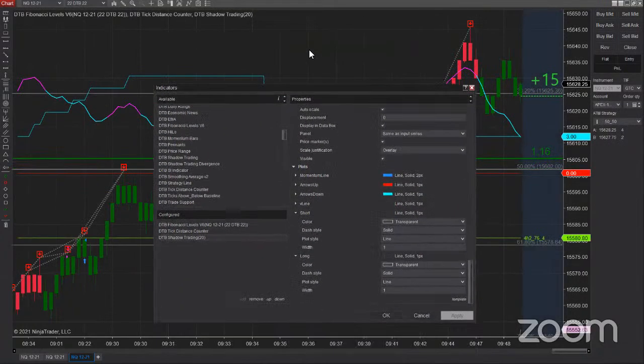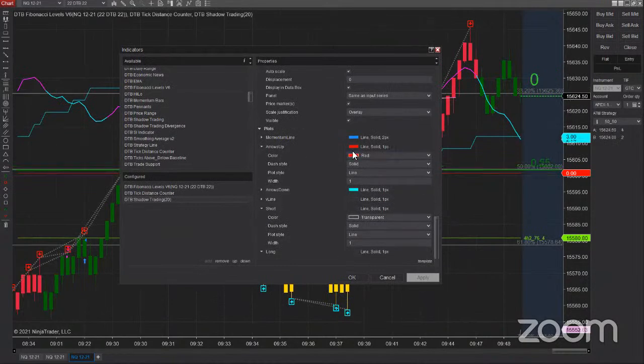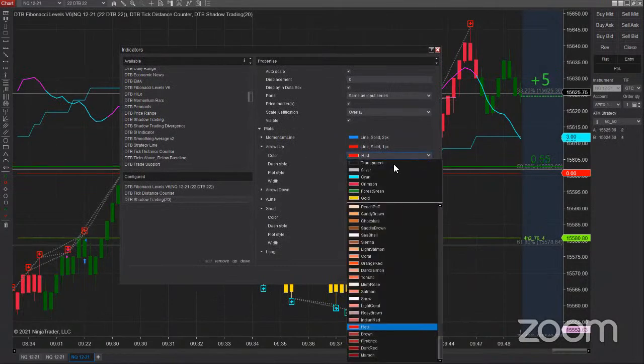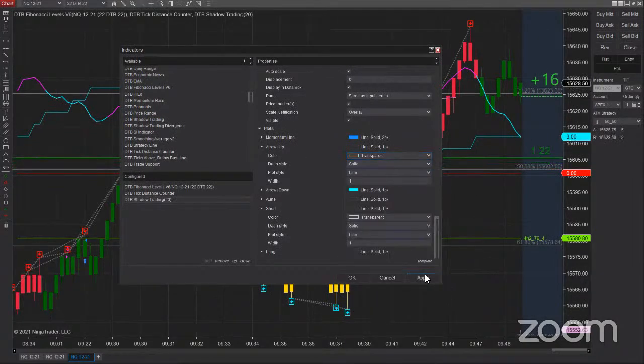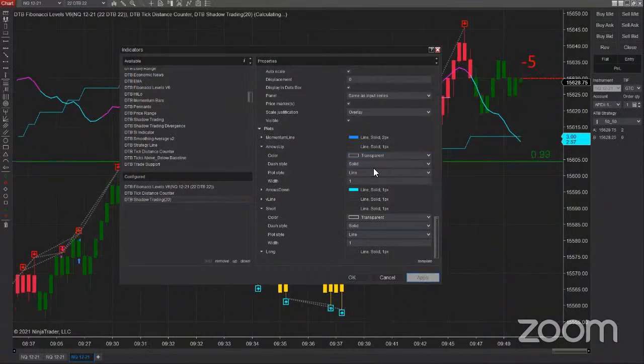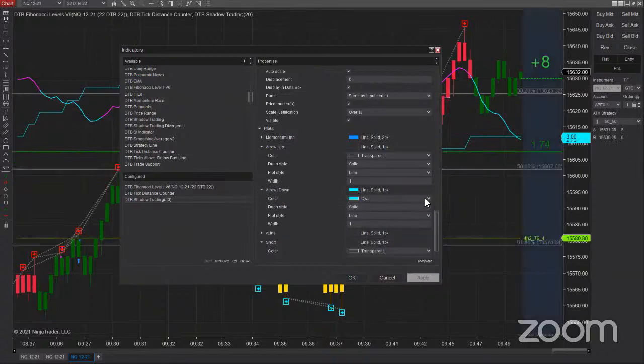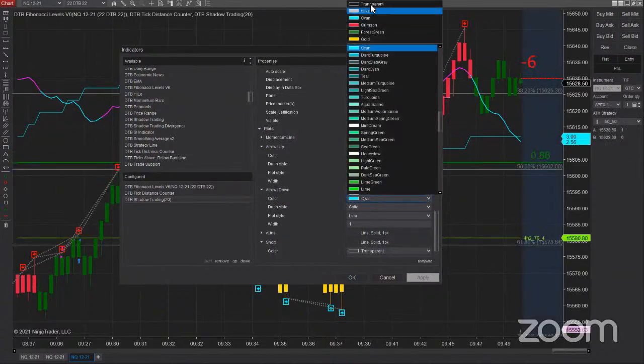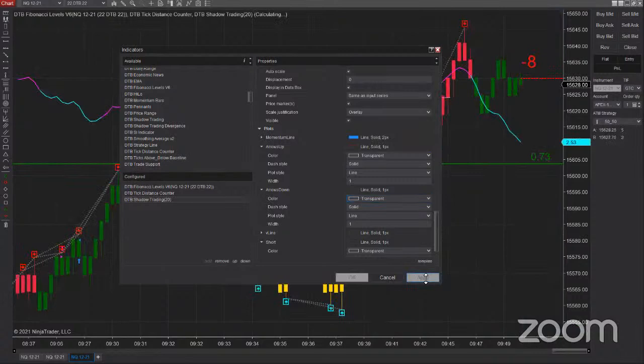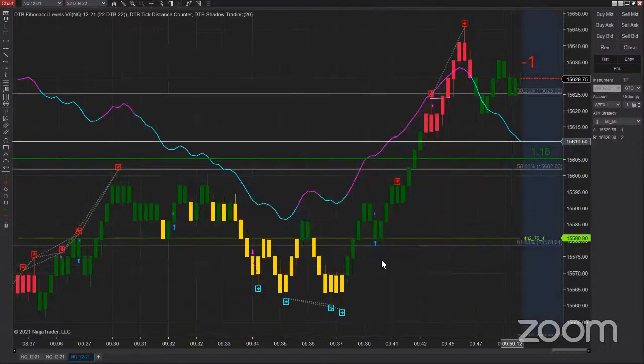That red and cyan arrows up. Maybe, hang on. It was these ones here I needed to make transparent. Okay, there we go. So that just basically hides the plot lines. You don't need to see the plot lines if you're just looking at the indicator itself.